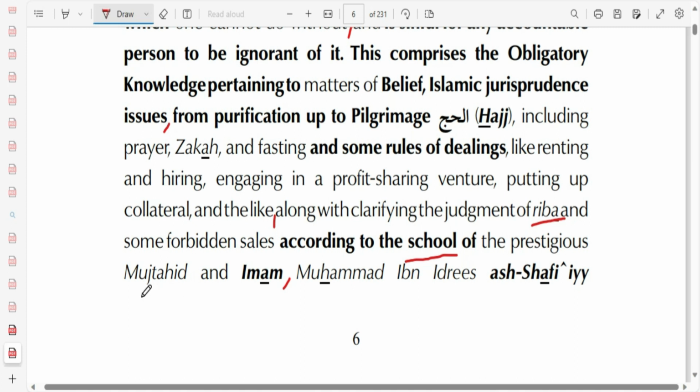The absolute mujtahid, he will elaborate on the rules of the religion, the Sharia, all the chapters of religious laws, whether worships or dealings.